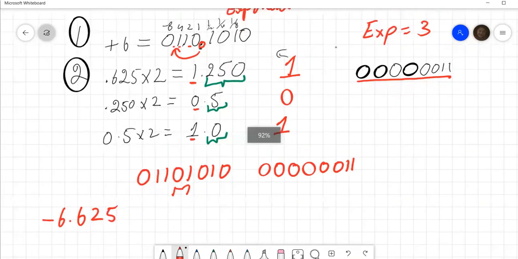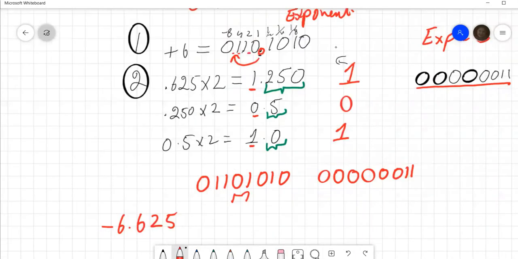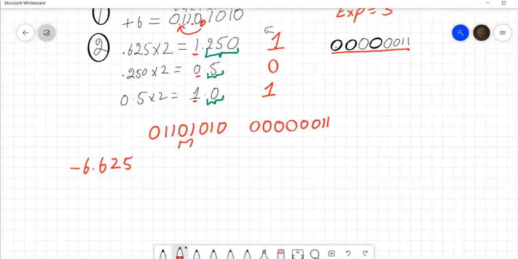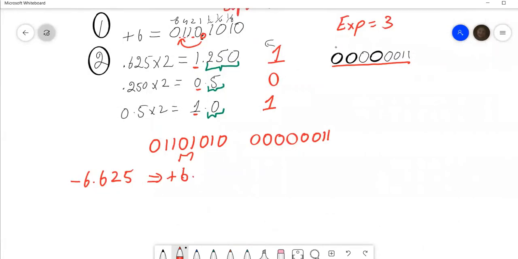What you do is, our original positive number, plus 6.625, was this one over here: 0, 0, 0, 1, 1, 0, 1, 0, 1, 0, and my decimal was here.